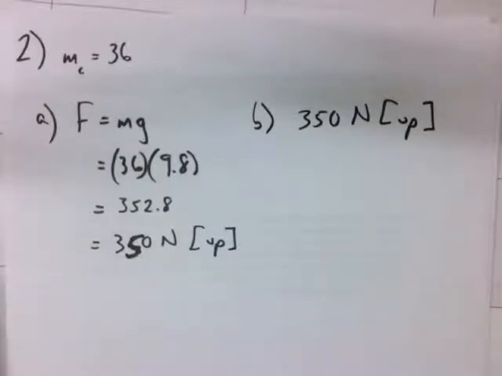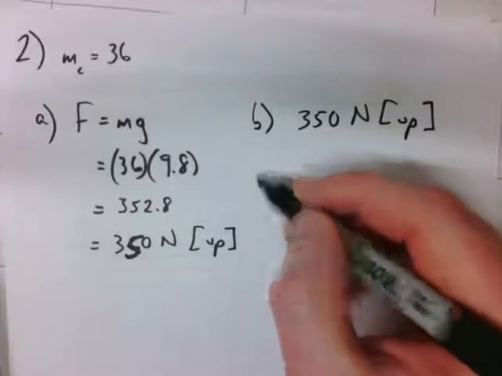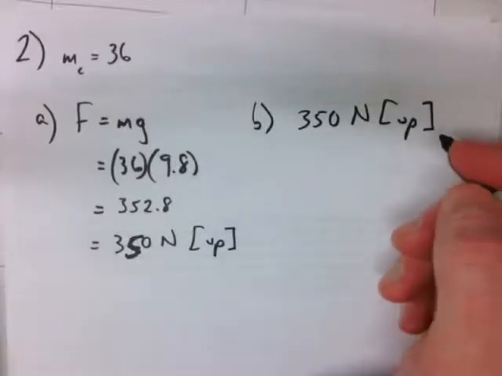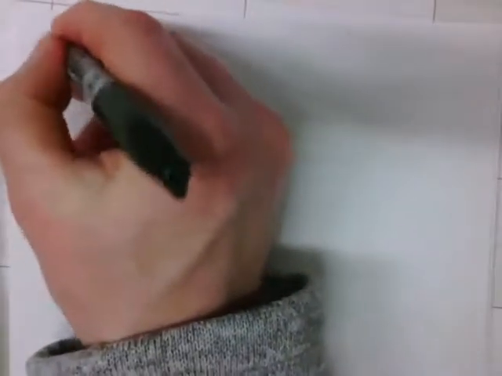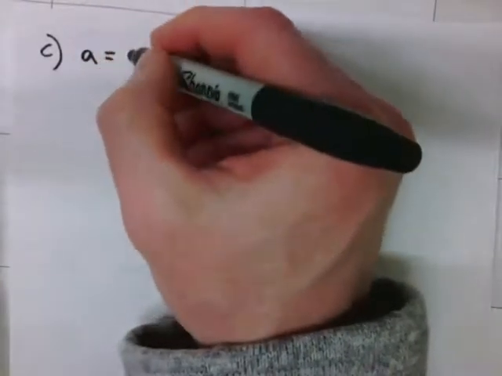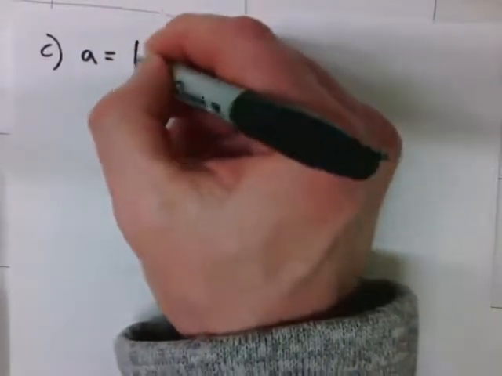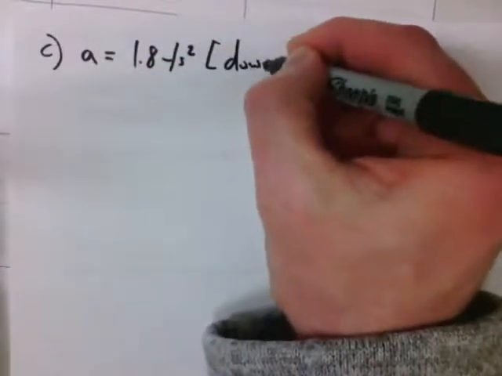Part C says accelerating down at 1.8 meters per second squared. Okay, so if it's accelerating down, think of it this way. Maybe I'll turn the page. So for part C, we know that acceleration of this ride is 1.8 meters per second squared down.